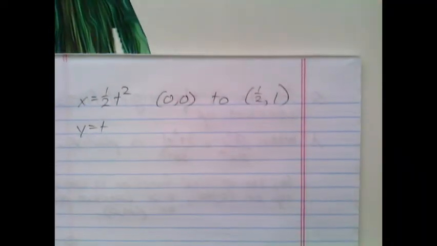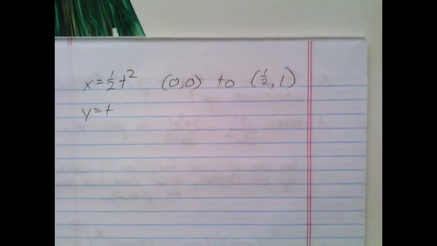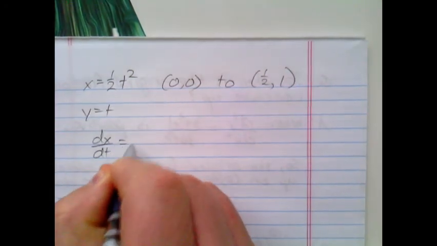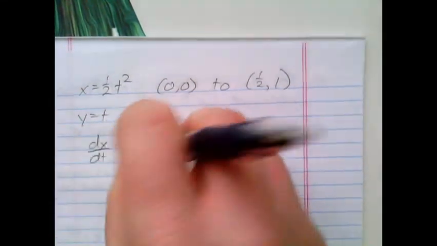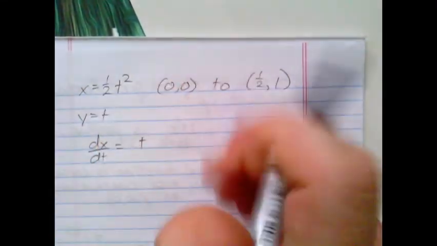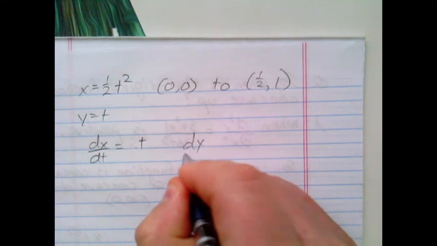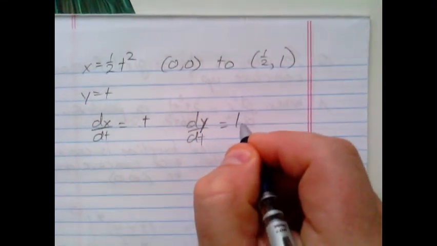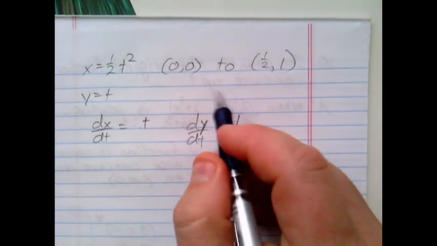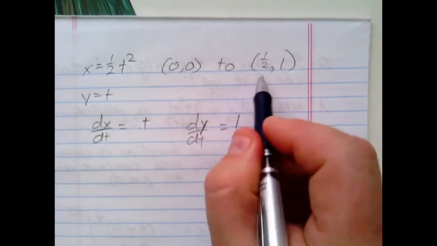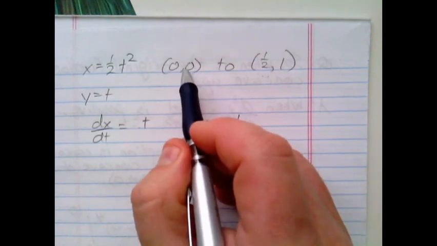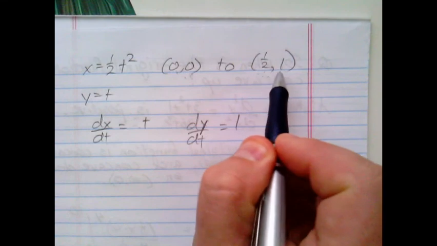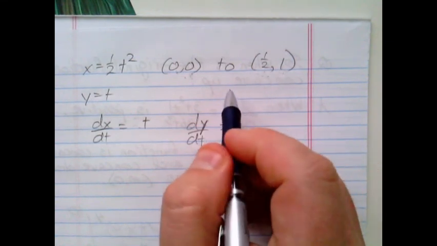Well, according to our formula there on page 638, before I can get going, I'm going to need dx dt. That won't even be 2t, it'll just be t. And I'm going to need dy dt, which would just be 1. And notice it didn't give me an interval of t values. It gave me the points on the curve, so that's x value, y value, x value, y value.